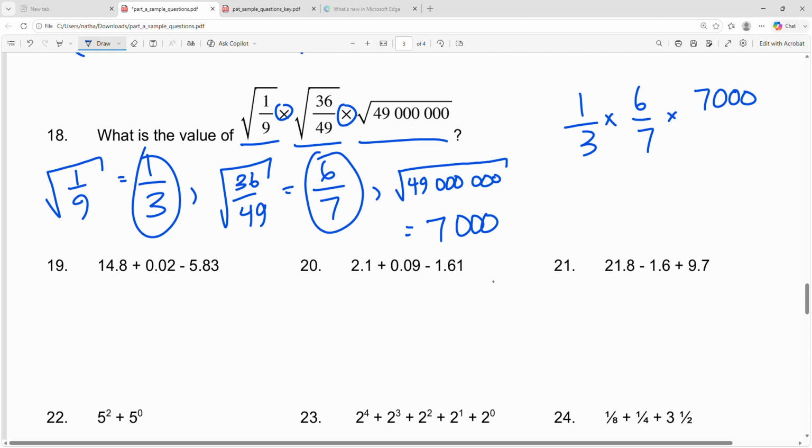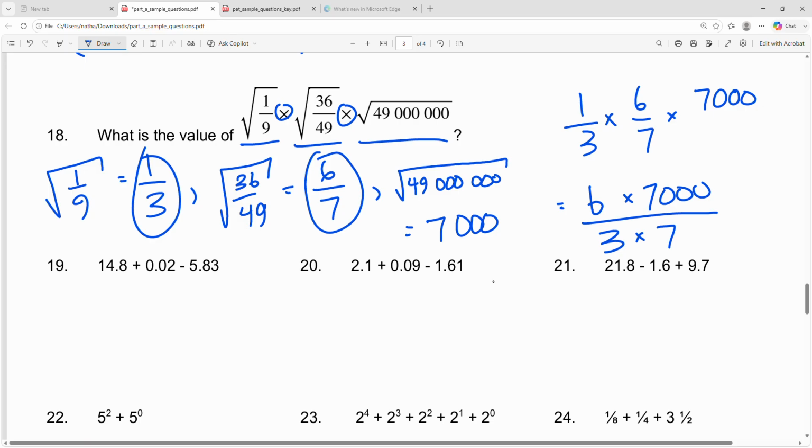I mean, we could, but if we already have things broken up into stuff that can simplify, right? So realize this all multiplies together. 1 times 6, well, that's just 6, times 7,000. And on the bottom, 3 times 7. I know it's 21, but I'm just going to write it like this because I can see that I'm going to be able to simplify some stuff here.